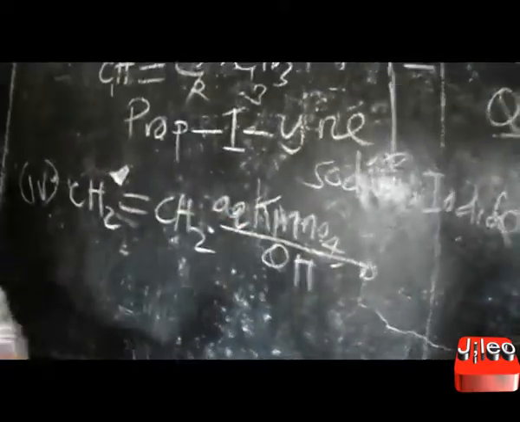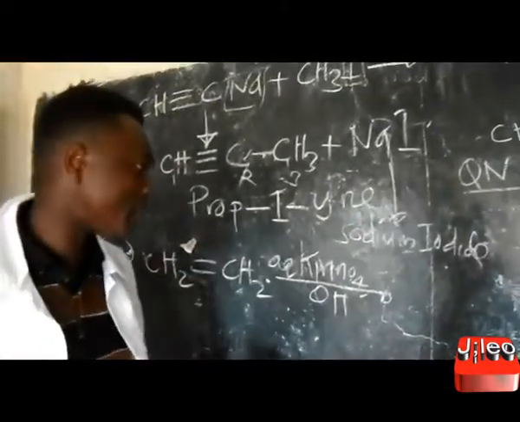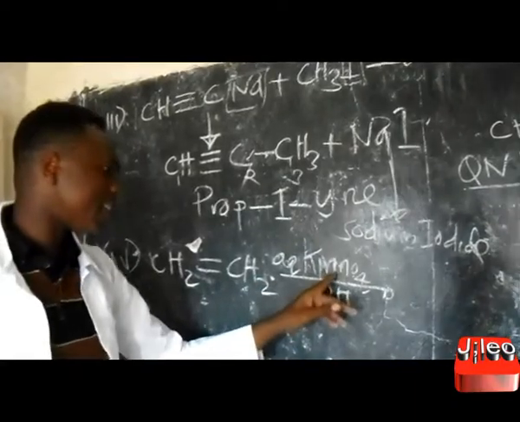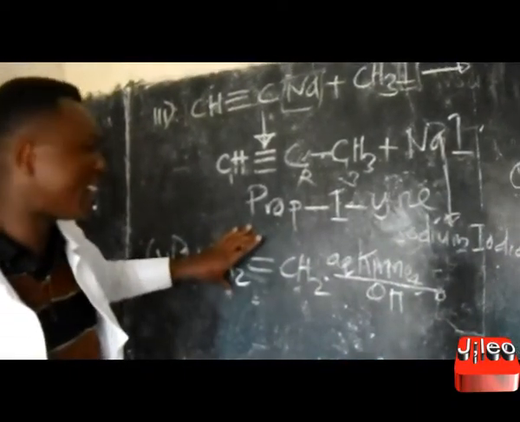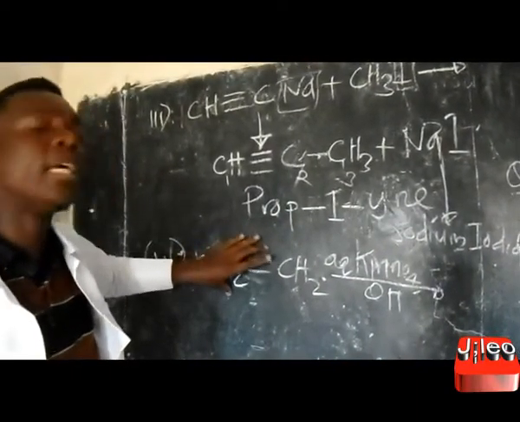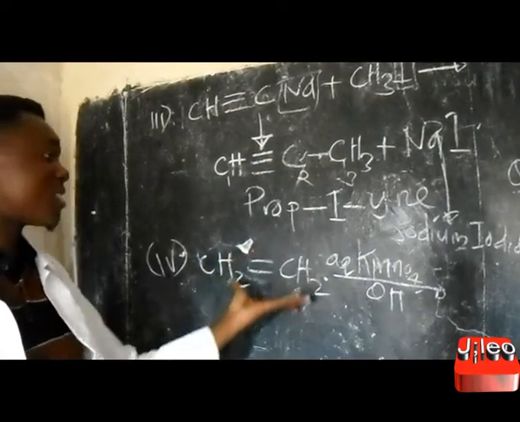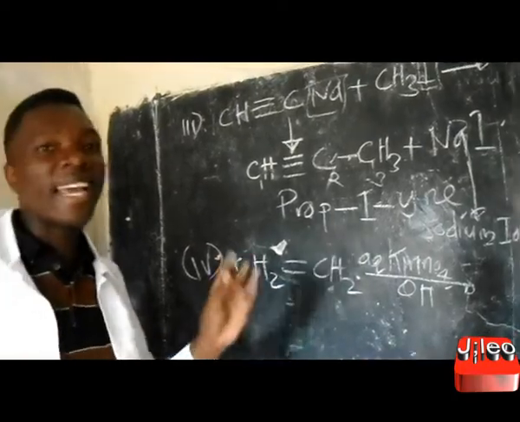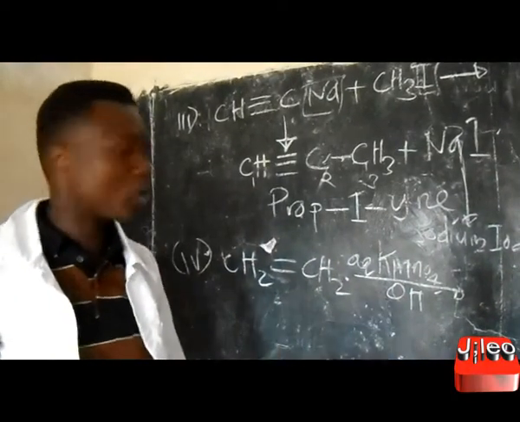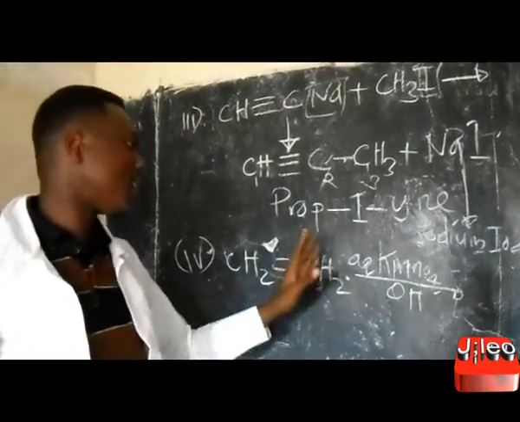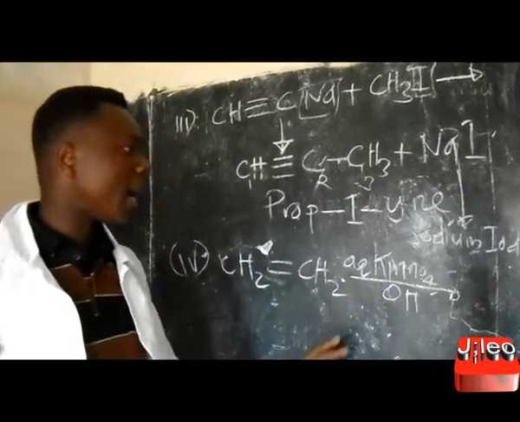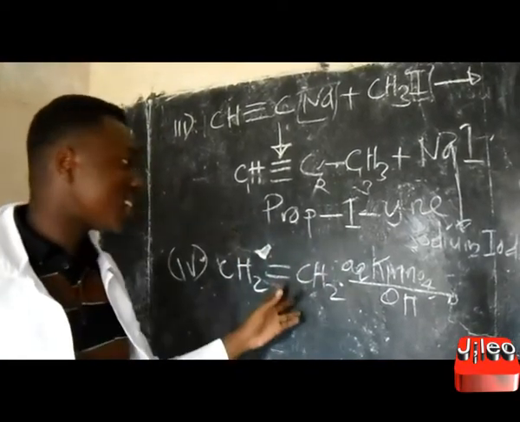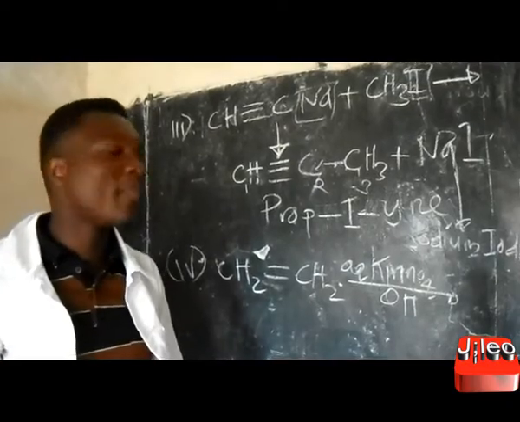So in any circumstance, in any scenario, potassium permanganate tends to oxidize this alkene. So this alkene will be oxidized. After the oxidation process occurred, we expect to have a diol at the end. So we have to formulate what we call a diol. And mind you, this reaction has no mechanism at all.